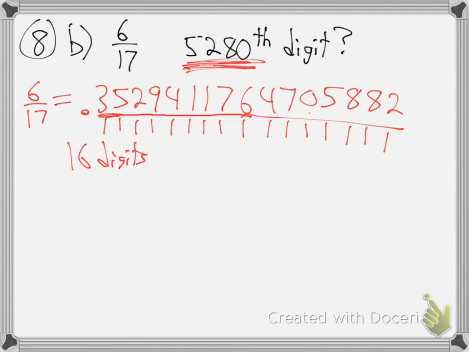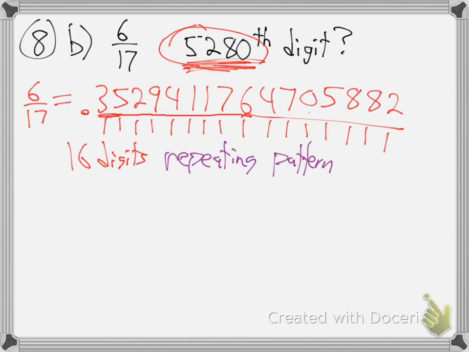So how am I going to find the 5,280th digit? Any ideas? 16 digits, repeating pattern. What am I going to do? Should you divide the number of digits they're asking for by the number of digits before they repeat? So divide 5,280 by 16?